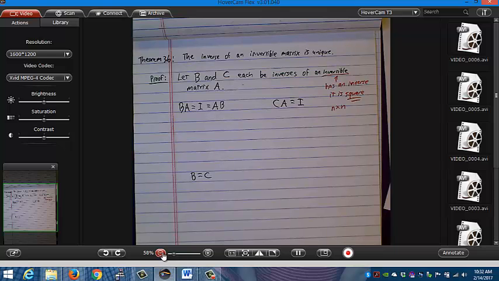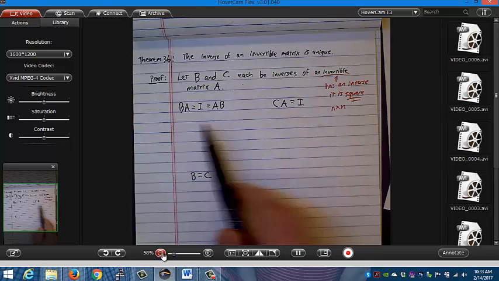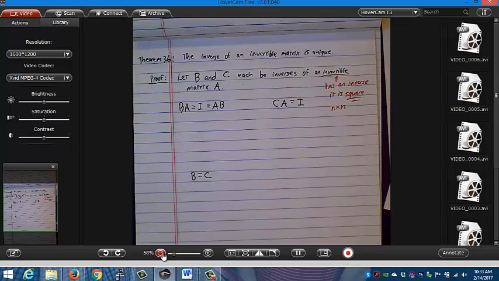Now we're trying to show that B equals C. We have two equations, but I guess what I'd like to do is somehow relate them. Oh, but I can relate them.